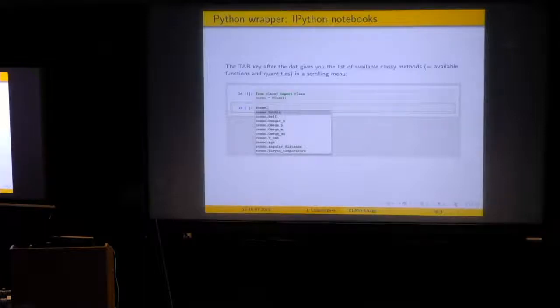And I want now to do some cosmology with this. And I forgot what I can ask of this class. And if you use the tab key, .tab, you get a list of all that you can do. These are just the first options, because in fact, you will get a scrolling menu, and you can scroll to get many more.